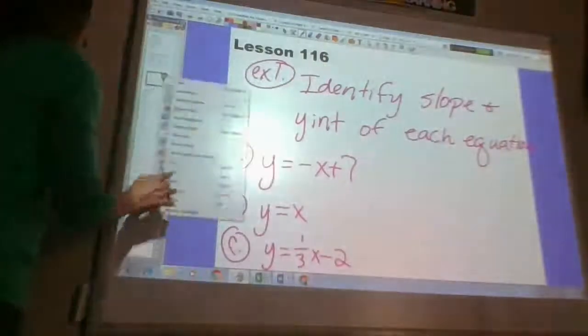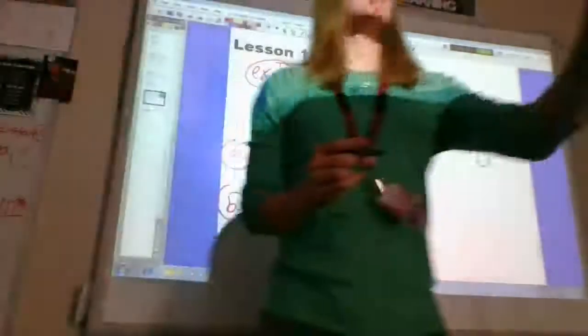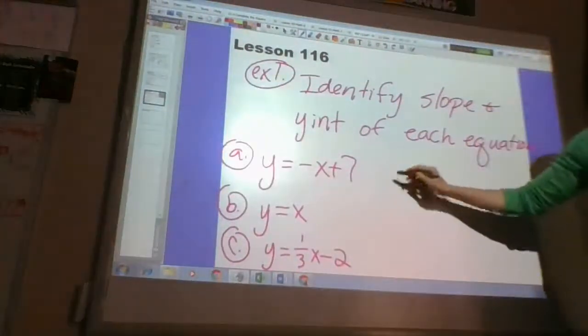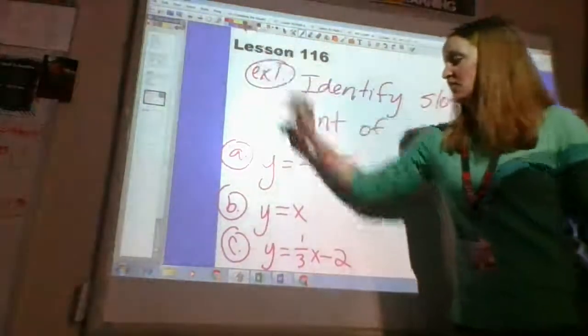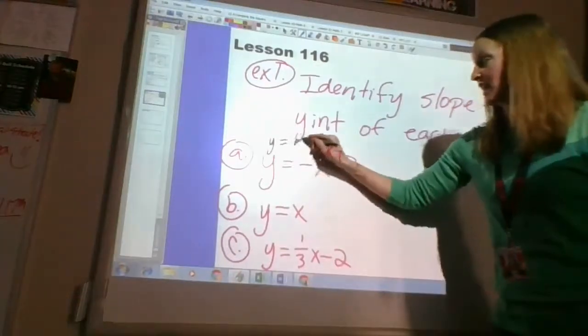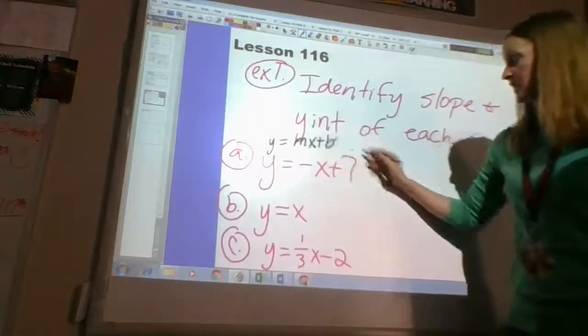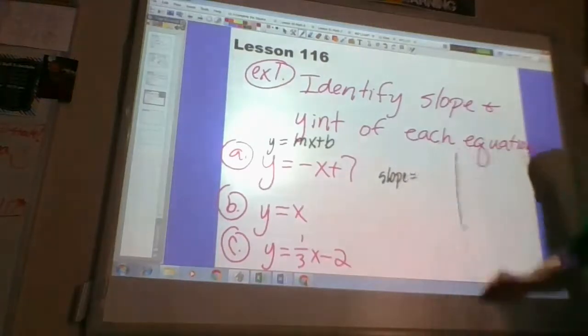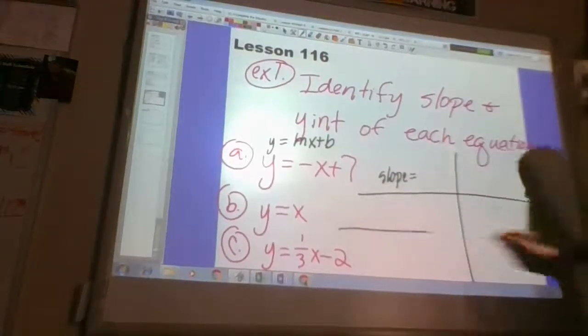Okay. So if we are identifying the slope and the y-intercept of these equations, what I would ask you guys to do is write down y equals mx plus b. And then you just go slope equals, and I'm just going to make a column.